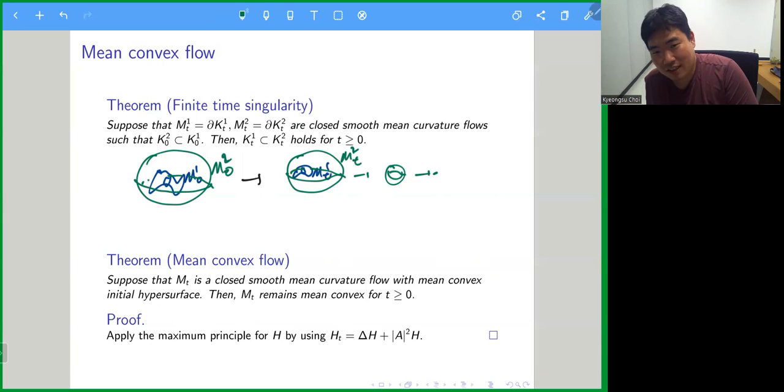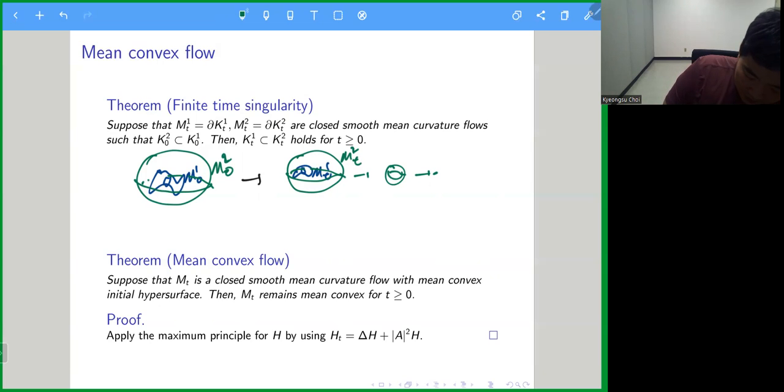By the comparison principle, I mean the maximum principle, we can show that they never intersect. But initially the given one, M1, was enclosed by the ball, and the ball will collapse to a point, so the inside one should develop a singularity before the outside sphere does. So a closed flow always develops a singularity.